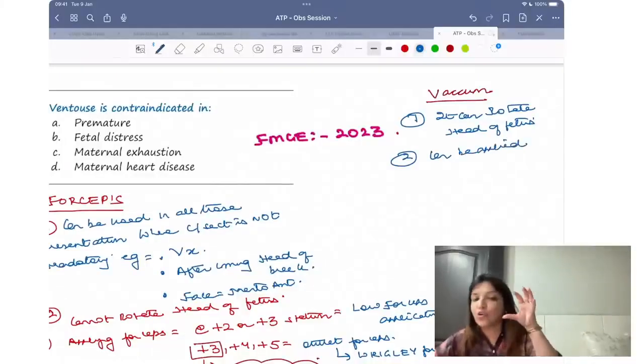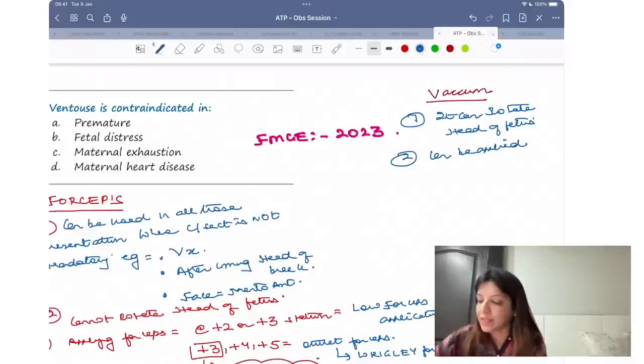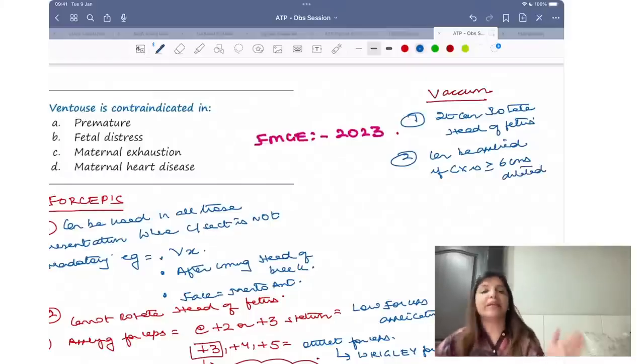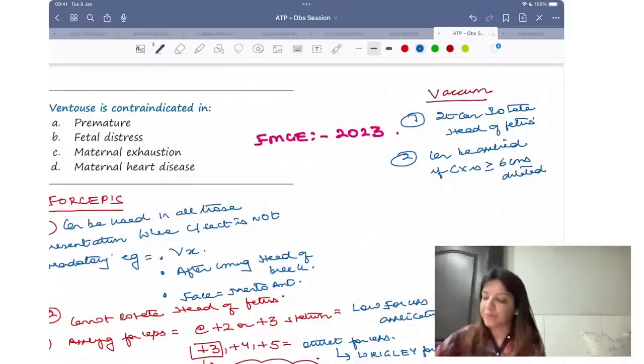Please remember, the diameter of the vacuum cup is 6 centimeters. So the moment the cervix is dilated to 6 centimeters, I can apply vacuum. It can be applied if the cervix is at least 6 centimeters dilated. I am not going to apply it, but it can be applied theoretically.